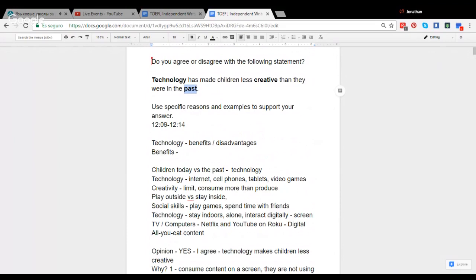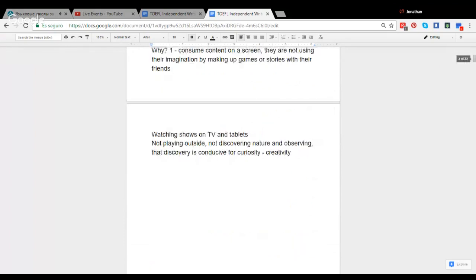I'm still talking about today, so I do need to make this a comparison. So in this case, let's say, in the past when I was a kid versus my children today. So I would need to make sure that I'm using these examples of when I was a child.